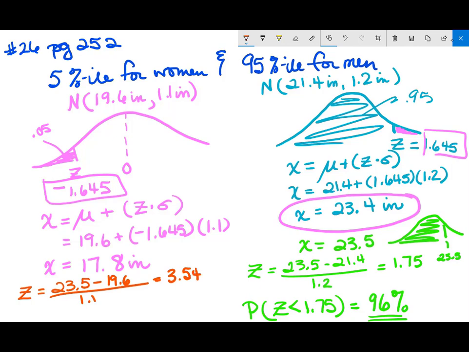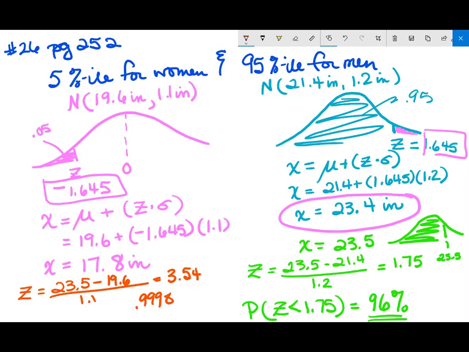Now if you look at table A2, you can see it only goes to 3.5, which is almost everybody. We're going to look at 3.54 on StatCrunch, and we get 0.9997, which rounds to 0.9998.